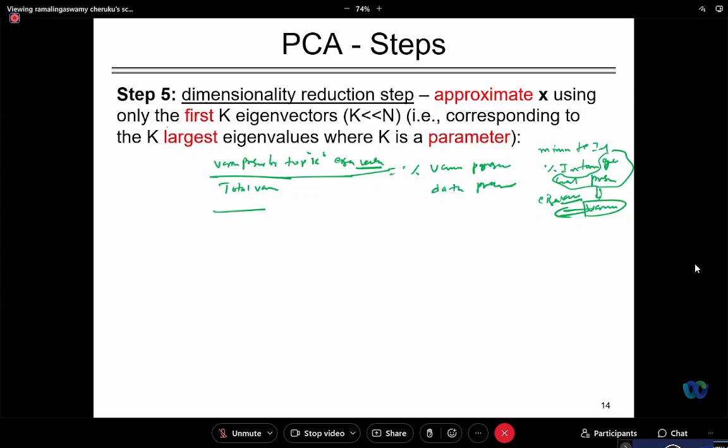Now, this is the summation of lambda i, i equal to 1 to n, in the denominator. The numerator is the summation of lambda i, i equal to 1 to k. The numerator talks about how much variance is preserved by the k eigenvectors, and the denominator talks about the total variance preserved by all the eigenvectors. That's the idea.